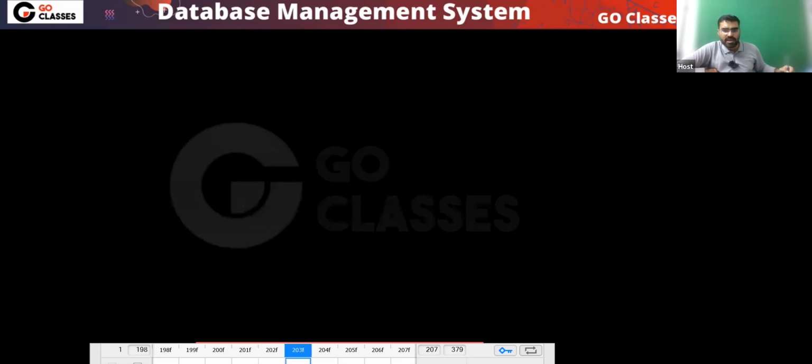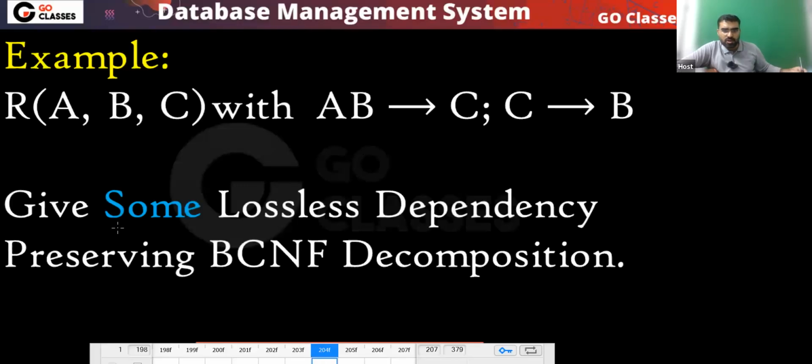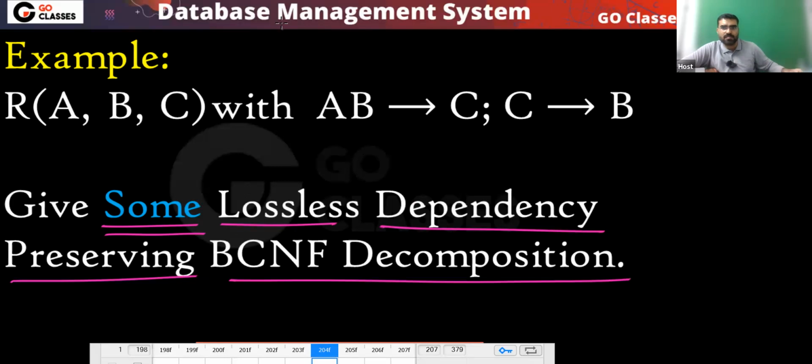Now, if I ask you another question, can you give me some lossless and dependency preserving BCNF decomposition? Can you give me some?